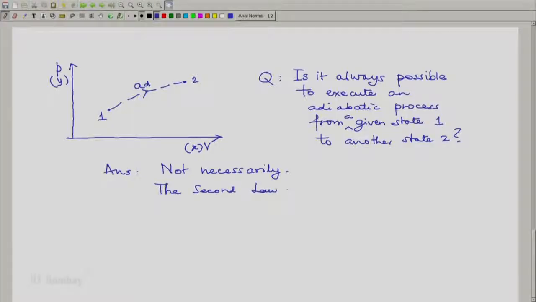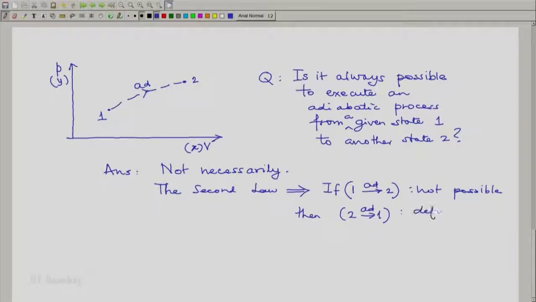But now looking into what we are going to study a few weeks later, the second law of thermodynamics will tell us that if 1 to 2 by adiabatic means is not possible, then 2 to 1 by adiabatic means, the other process starting from 2 as the initial condition and ending up at 1, is definitely possible.